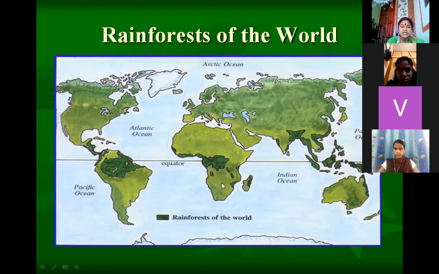Then Madagascar, then in Africa, Congo, like that. Then in India, we could see Maharashtra, till Goa, okay. Then here, West Bengal, then part of Orissa, then here Myanmar, then Indonesia, then Singapore, Malaysia, then all the other islands. Okay. Then here Australia. So in all these places we could see rainforests.